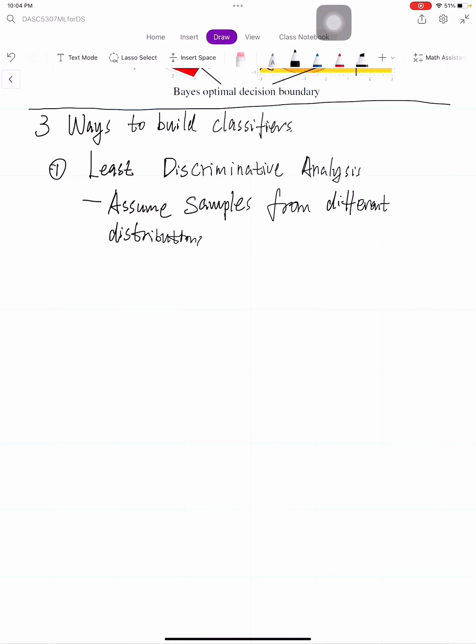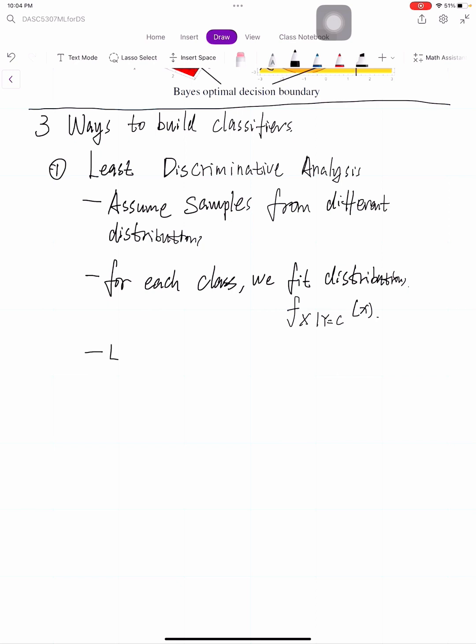We can use the normal distribution, multivariate normal distribution. For the cancer group, we fit one normal distribution. For the no cancer group, we fit another normal distribution.